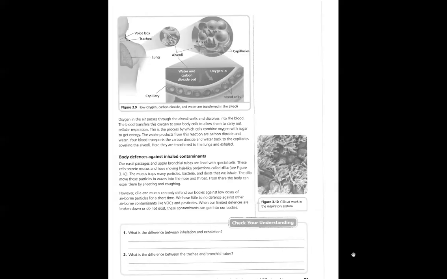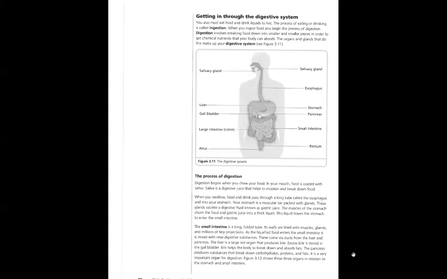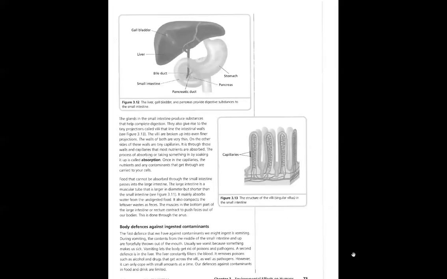We have our defenses against contaminants that we inhale. Then we talked about the digestive system. We talked about how food comes into our mouths, how it begins to break down, and how digestion is the breaking down of the food in order to get the nutrients from it. All the parts of the digestive system, and how it is also aided by the liver and the pancreas and the gallbladder.